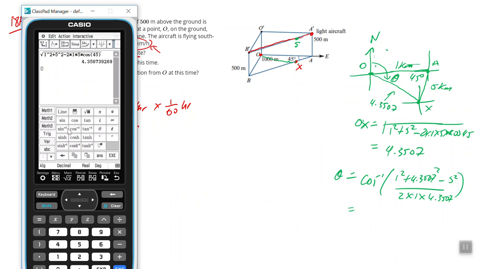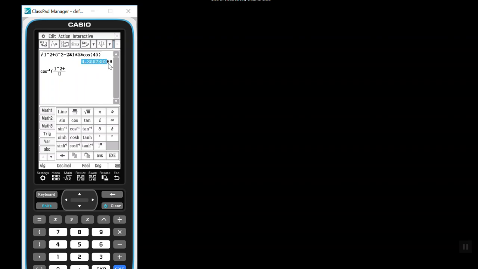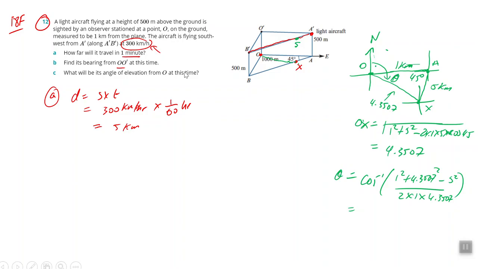Inverse cos of 1 squared plus 4.3507 squared minus 5 squared, divided by 2 times 1 times 4.3507, and I should get my angle. It's 125.65 degrees.